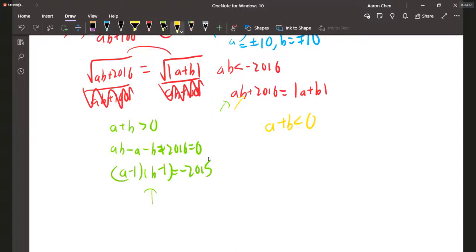And then in this case, you have that ab plus a plus b plus 2016 is equal to 0. And then a plus 1 times b plus 1 equals negative 2015.